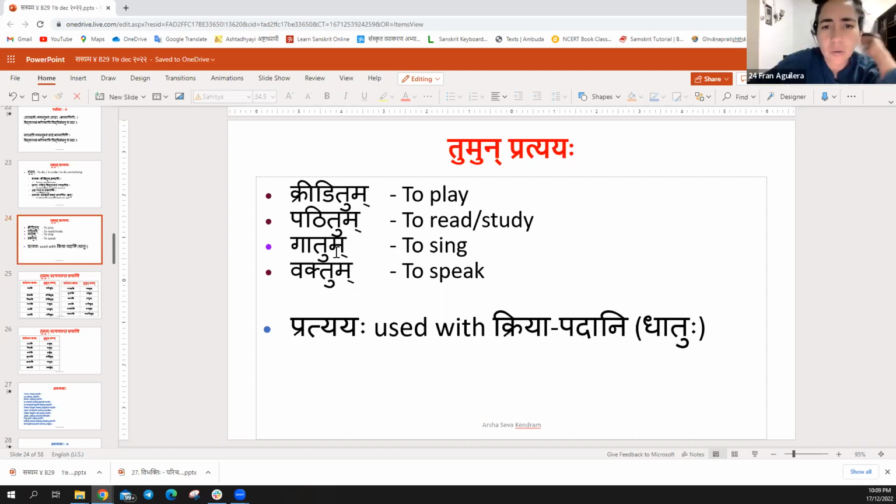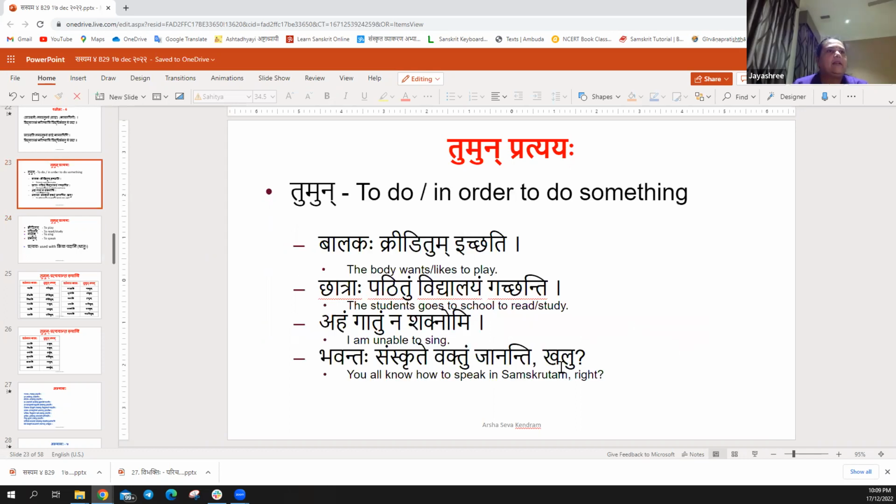Mahodaye, can you go back to the previous slide one second? This one? Yes. So aham gatum na shaknomi. Okay. I was just thinking, what would be the tumum for gam? Gantum.